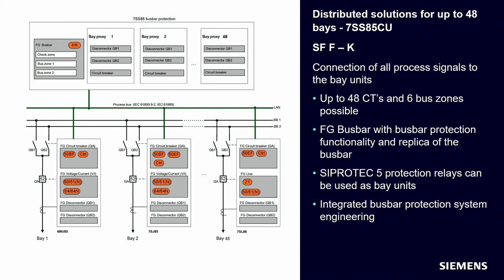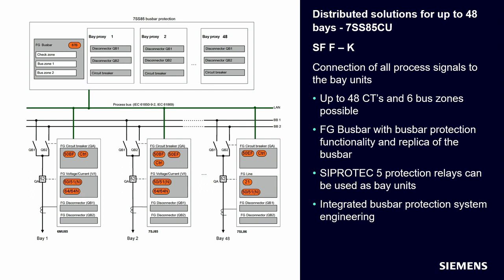In contrast, the 7SS85CU solution really lives up to its name, distributed busbar protection. Here you put all functionality like breaker failure protection, end fault protection, backup protection function in the merging units. You connect the graphical elements in the single line to its representatives in the merging unit.